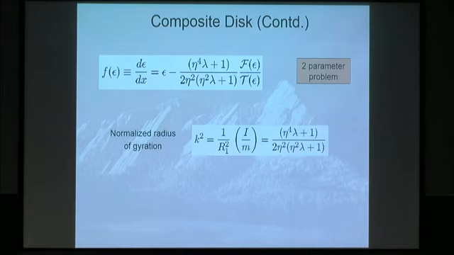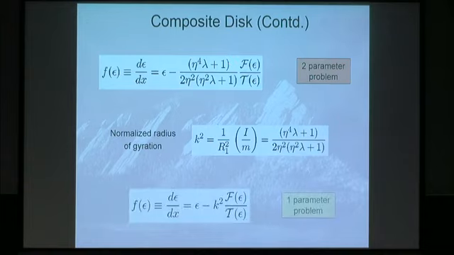However, I stumbled across the result that the normalized radius of gyration, let's call it k squared, k is the radius of gyration, its value squared is 1 over r1 squared times I over m. That turns out to be exactly this coefficient. So now, if we write this in terms of k squared, we have a one-parameter family of solutions.